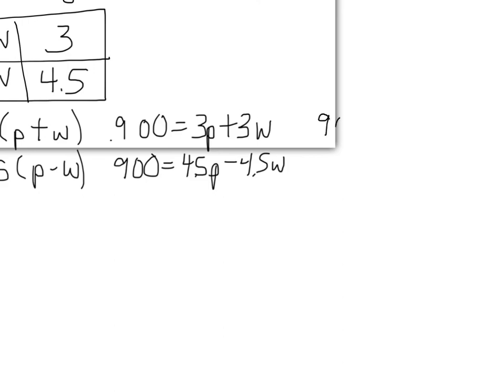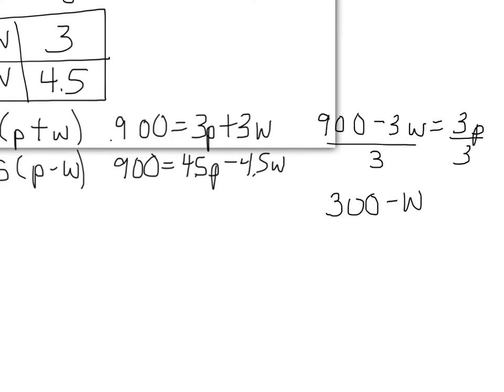So if we have 900 minus 3w equals 3p, and then we divide both sides by 3, that will give us 300 minus w equals p.